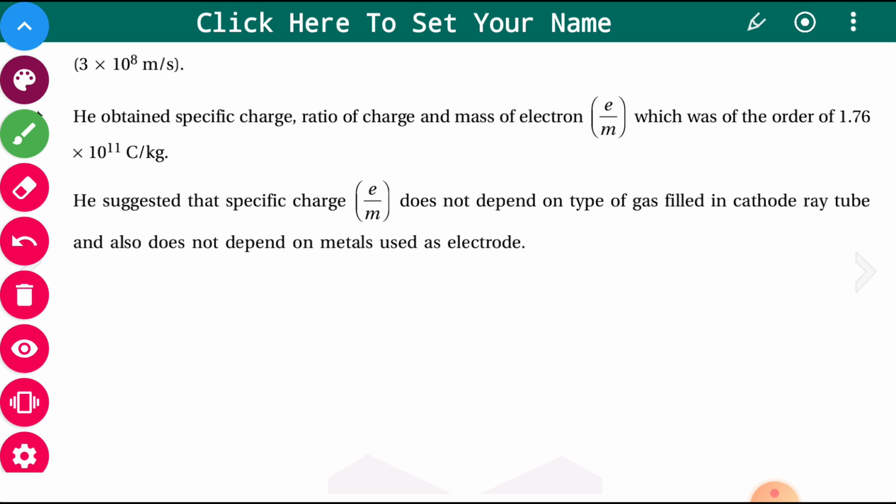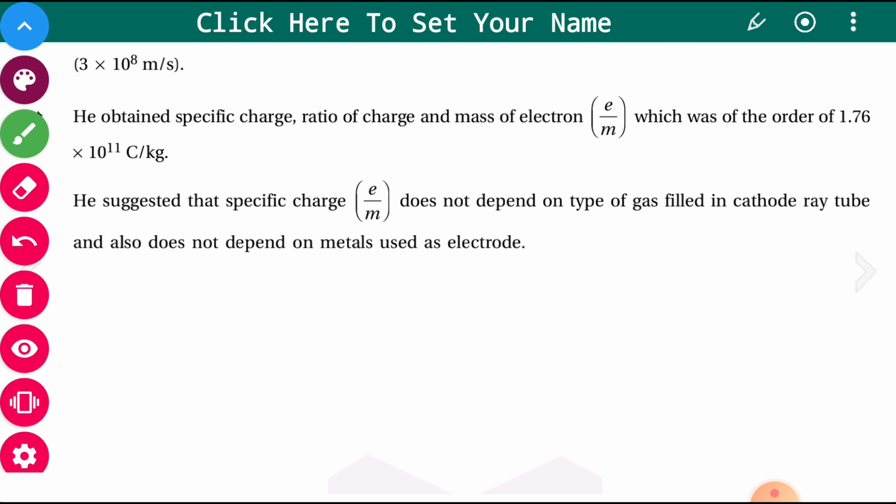And J.J. Thomson suggested that specific charge, that is e upon m, does not depend on the type of gas filled in the cathode ray tube, and also does not depend on the metals used as electrodes.